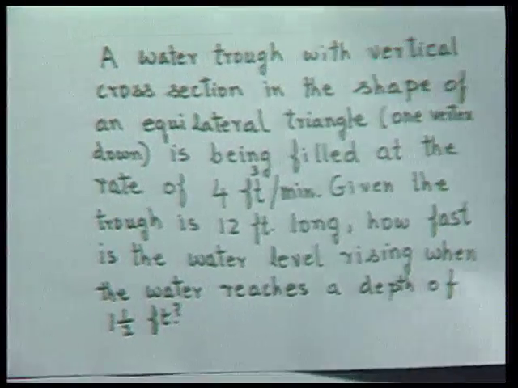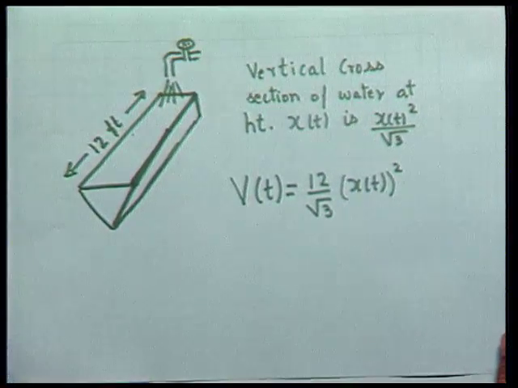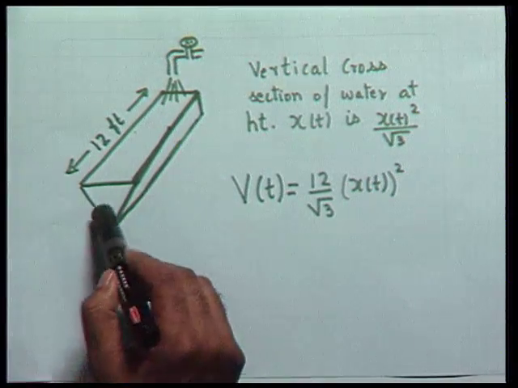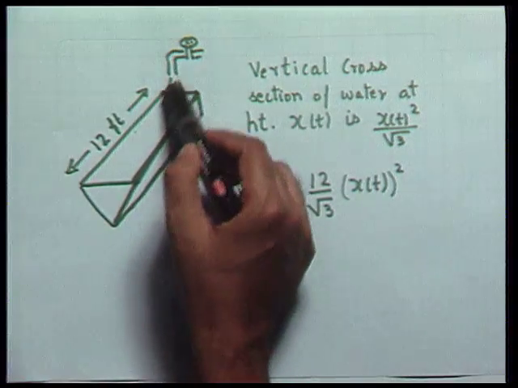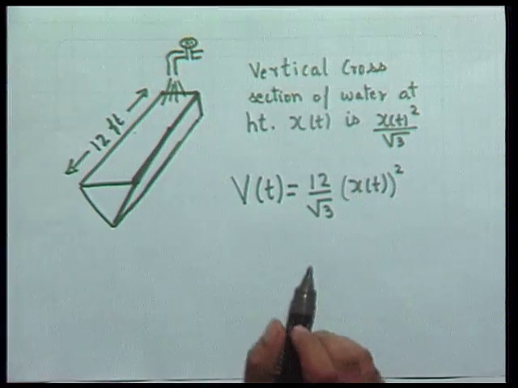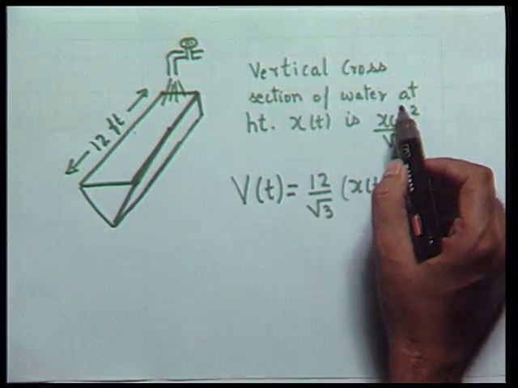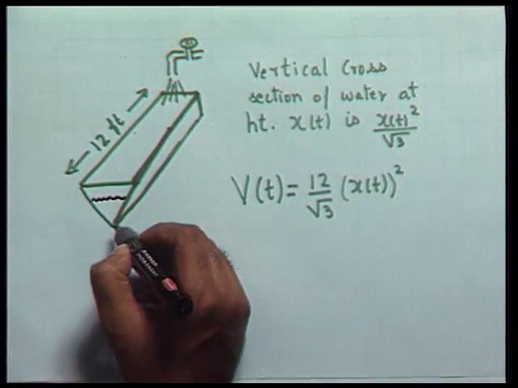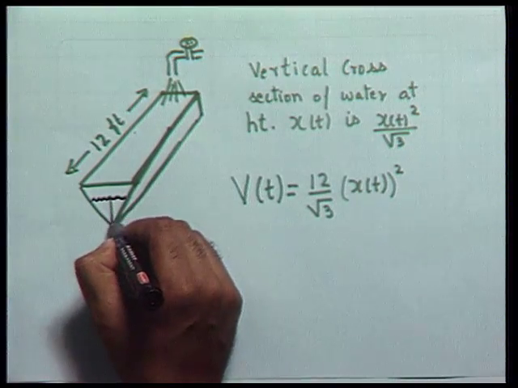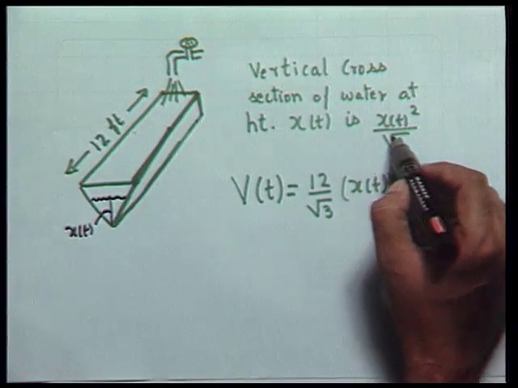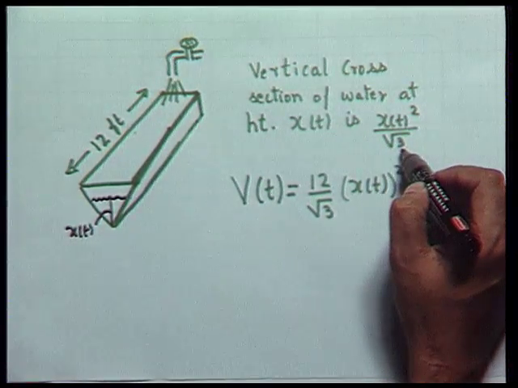Well, I have a diagram over here for you that will probably make things a little clearer. Here is a more or less crude sketch of the water trough. This is the vertical cross section of the equilateral triangle. Here is water being poured into the trough, which is 12 feet long. Now, see the vertical cross section of water at height x(t). If I take a vertical cross section and this is the height of the water, then the vertical cross section has area x(t) squared by root 3.